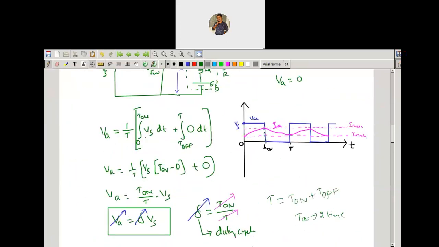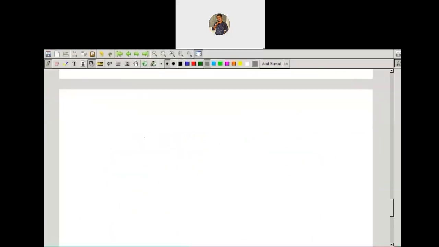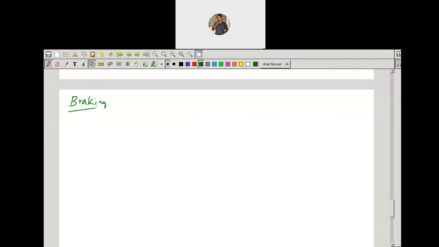Now if you want to get the braking operation, for example here, please observe everybody the diagram of the braking operation.